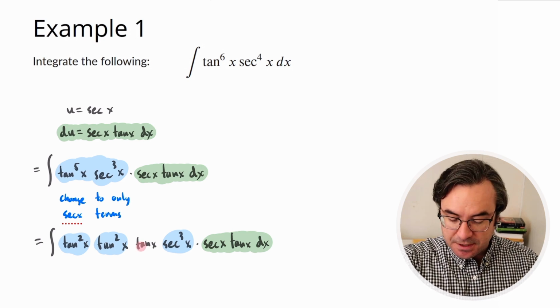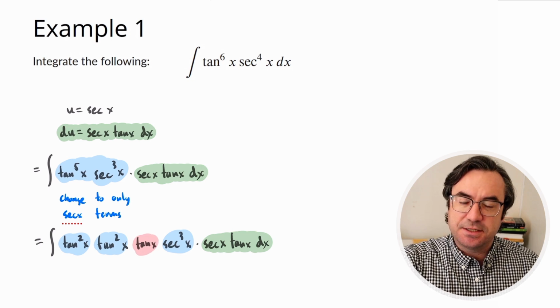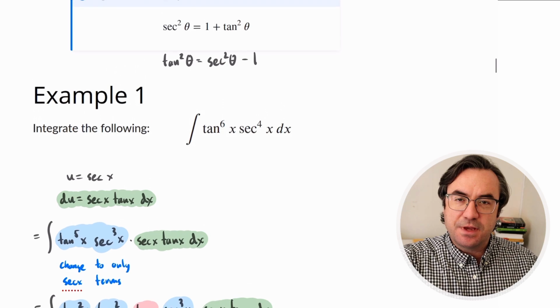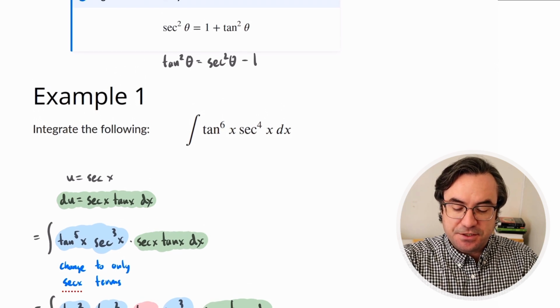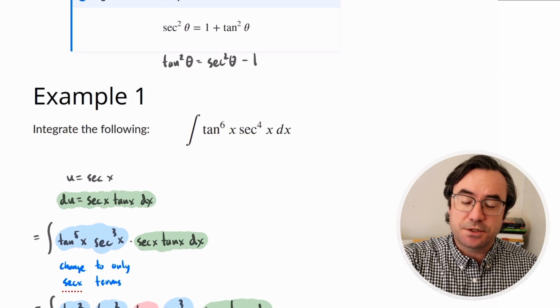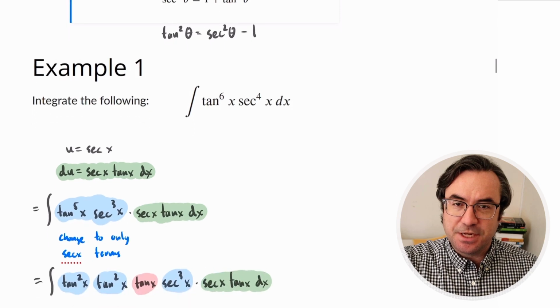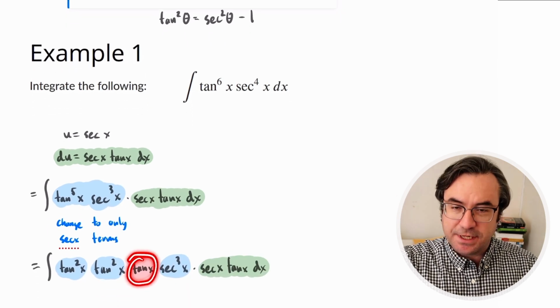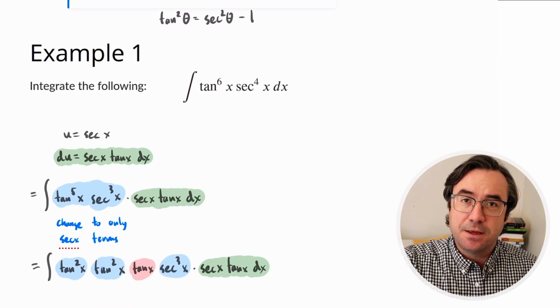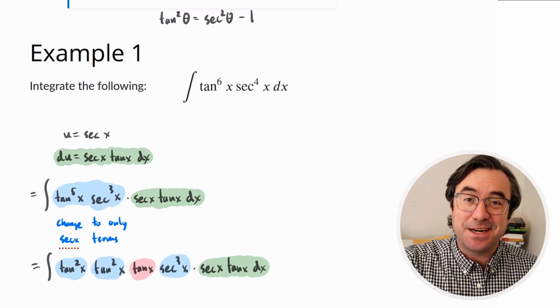The issue is this tangent. So again, if we go back up, this trig identity only works on tangent squared terms. So it doesn't work on just individual tangent terms like this. So we get stuck.